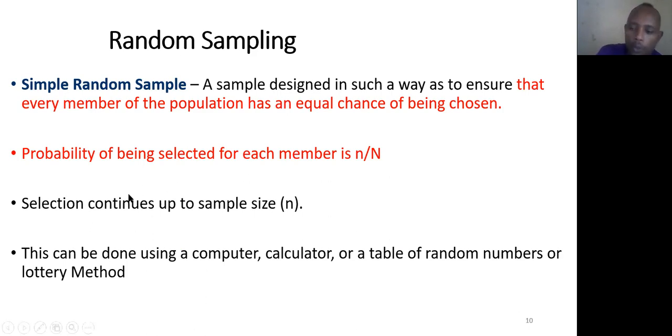And we continue selection up to our sample size. To do simple random sampling or to select individuals, a researcher may use a computer or calculator or table of random numbers or lottery method.